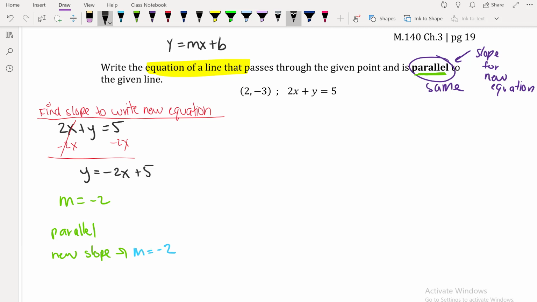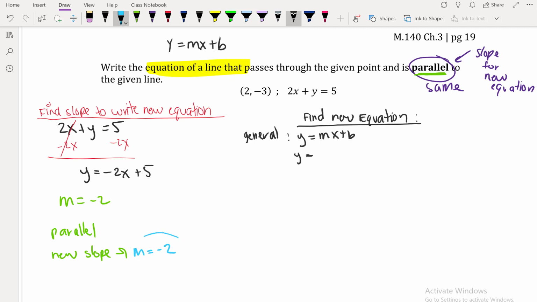So now I'm trying to write the new equation. Finding that new equation, I have y is equal to mx plus b, that's the general formula that we just plug into. So I have y is equal to, and that m value that we found was a negative 2.